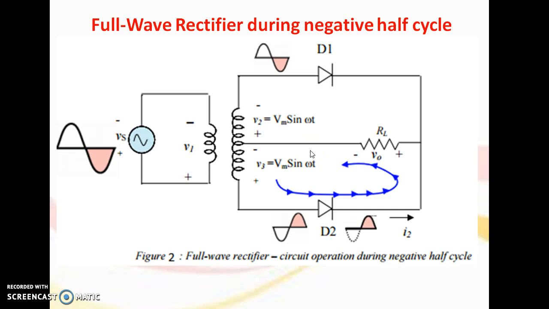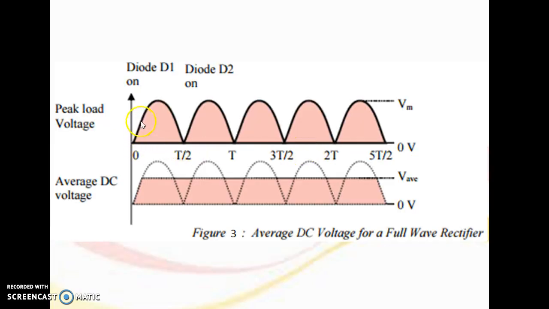So in the waveform we can see here, this is the output voltage for the positive half cycle due to conduction of the diode D1. This one is the output voltage due to conduction of diode D2 in the negative half cycle. The process repeats D1, D2, D1, D2. However, when we go to find the average DC output voltage, we get this V average voltage.